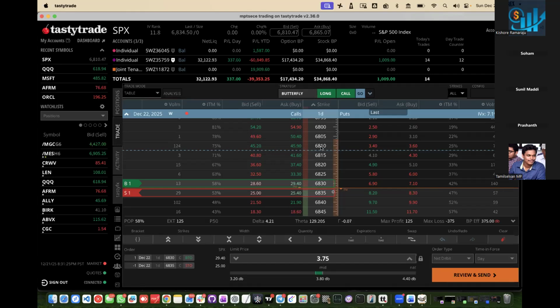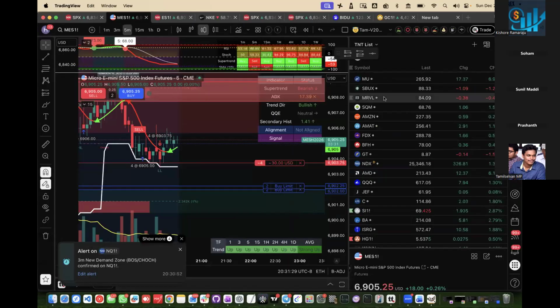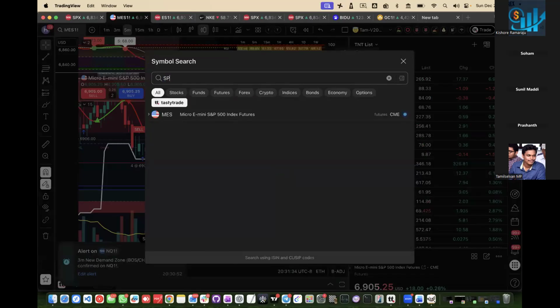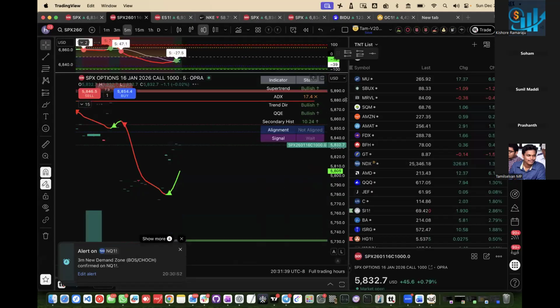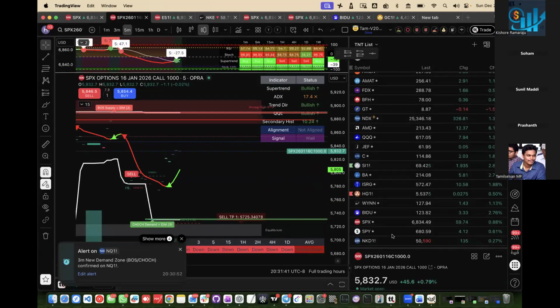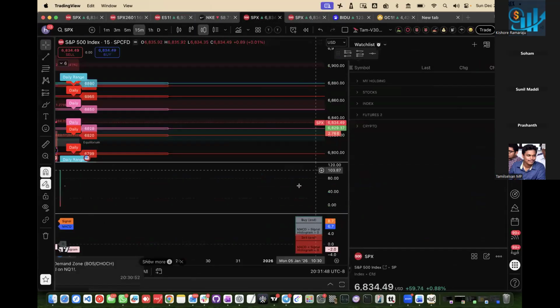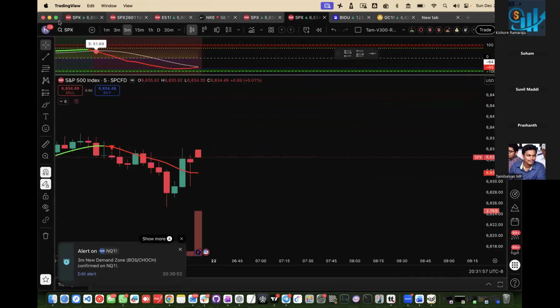If it goes down around 6810, I see the indicator, the same thing on SPX. I was using a different watch list. If I go to SPX and it goes to one of the ranges, I know the range, or the same with the FLM.